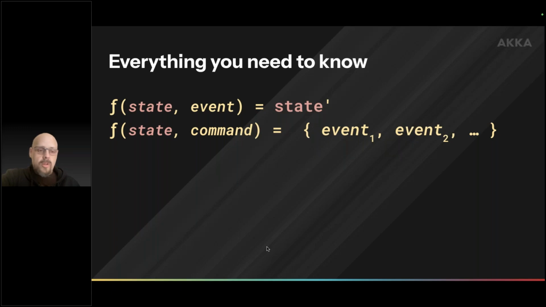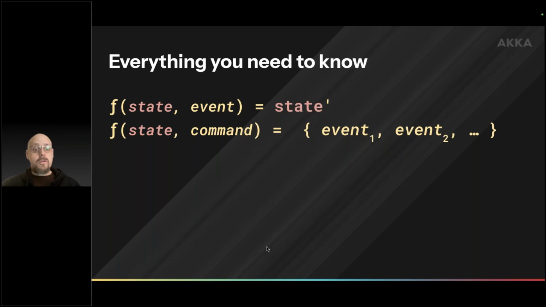So an event-sourced system basically boils down to two functions. We apply this function to our state and hand it an event, and the result is new state. So my state might be my bank account ledger, and I have an event that indicates that I'm depositing some money, and the new resulting state is my ledger with that money in it.